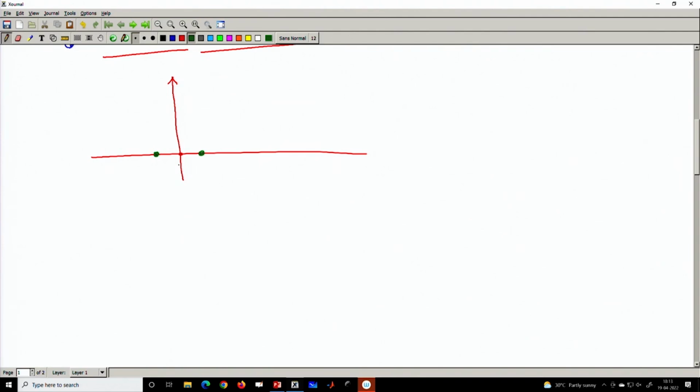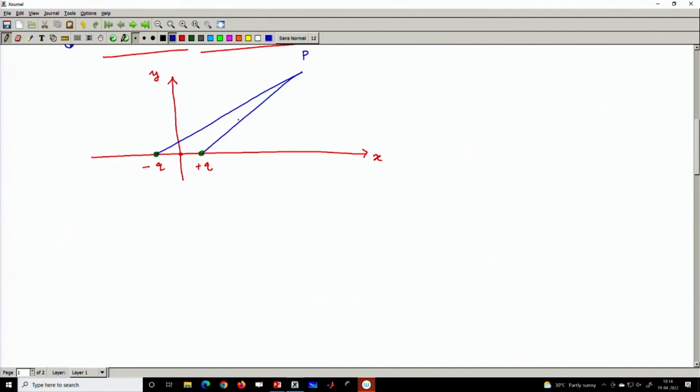So, let us consider a two-dimensional coordinate system, this is the x axis, this is the y axis, and two point charges, plus q and minus q, are present here. Suppose this is plus q and this is minus q over this x axis, and I want to find out the potential at any point over this xy plane, and that point may be P. Okay.